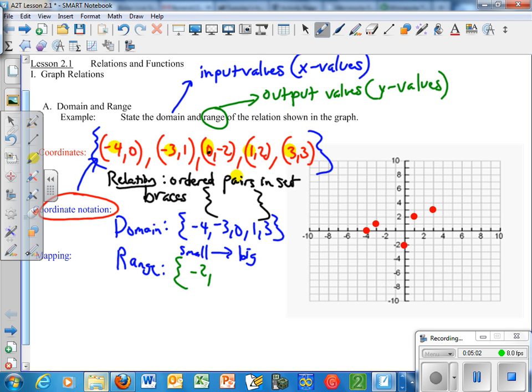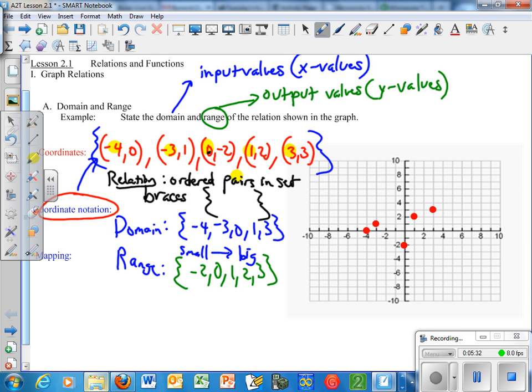So the lowest point has a y value of -2. Then we have the one that's on the x-axis, or 0. And then we have a 1, a 2, and a 3. So it's just listing the numbers from smallest to biggest. If you ever have repeat values, then you do not put them in the set twice in the domain or the range.